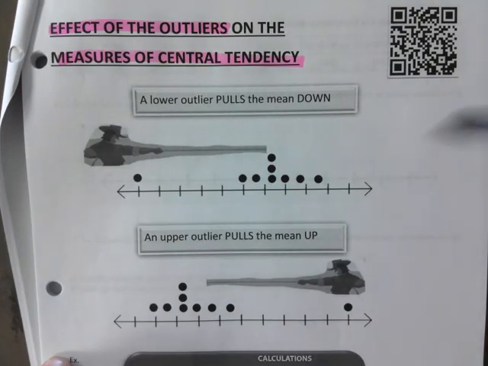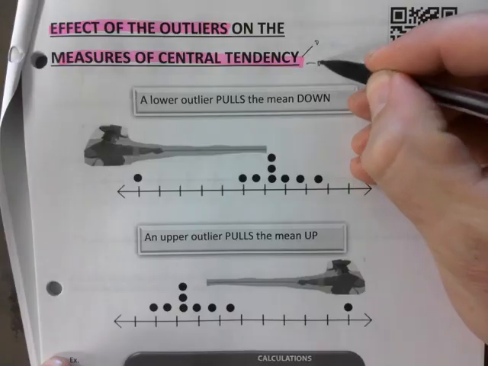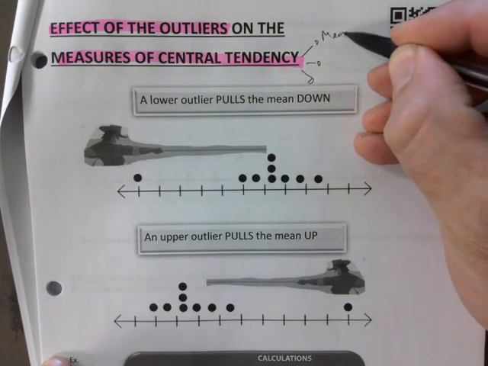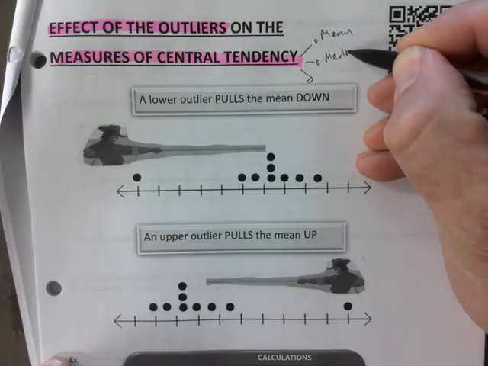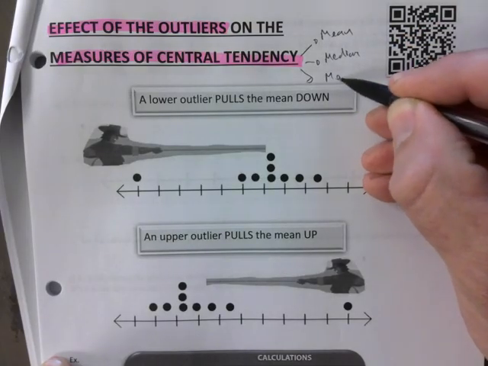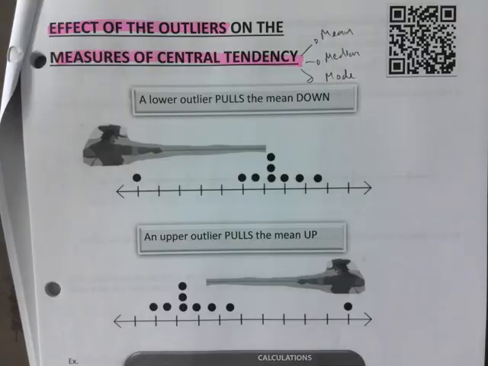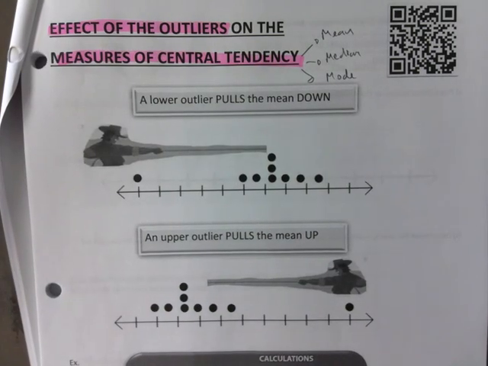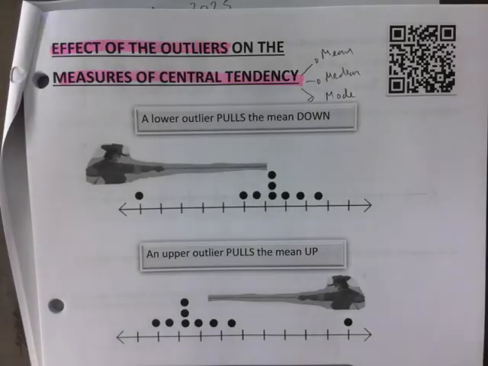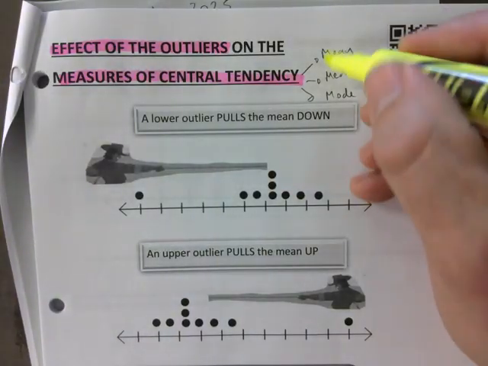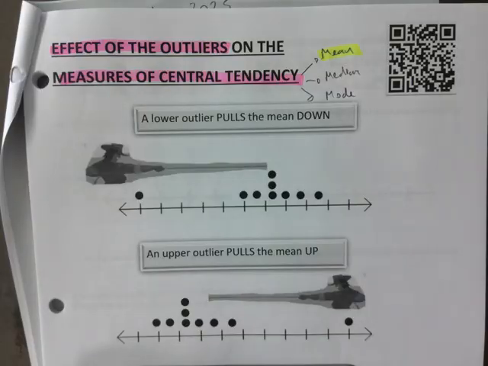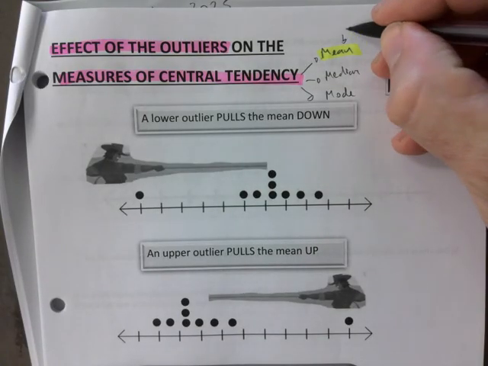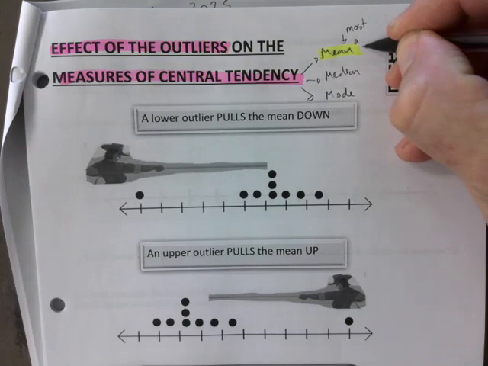So if you're wondering what in the world I'm talking about, it's the mean, median, and mode. Which one of the three is most affected by an outlier? The mean. Yeah, the mean is most affected.